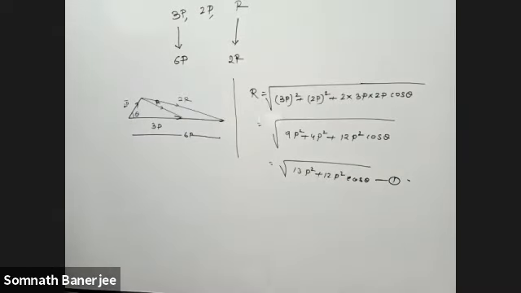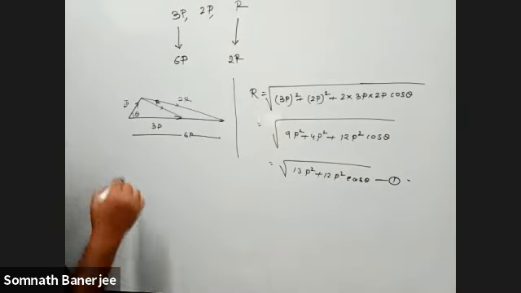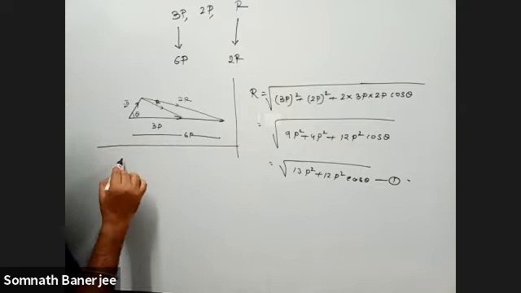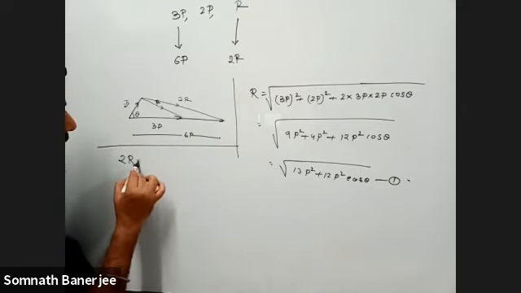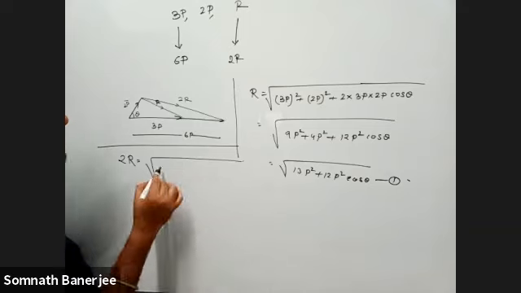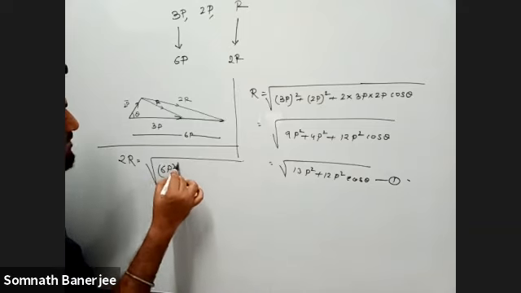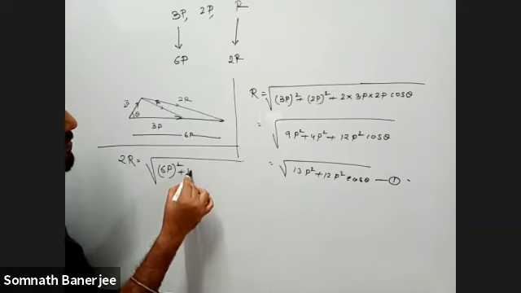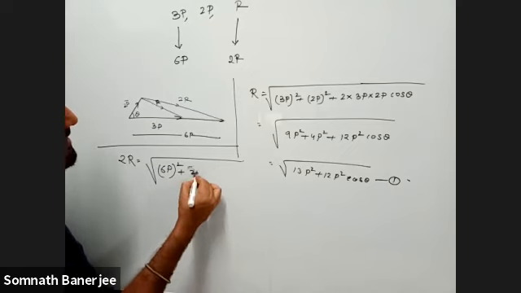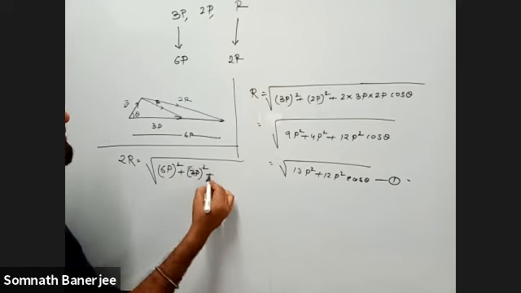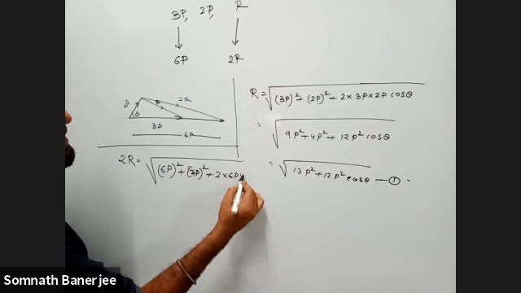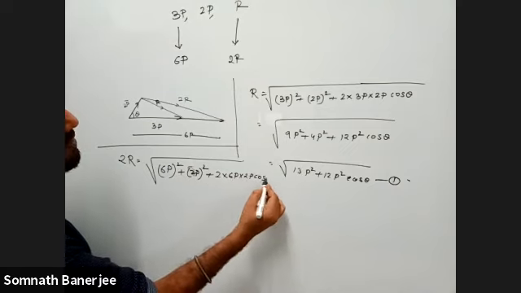Now when 3P becomes 6P, the resultant is also double. So 2R, in that case 6P square plus 2P square, it will remain the same, no effect on 2P, plus 2 into 6P into 2P cos theta.